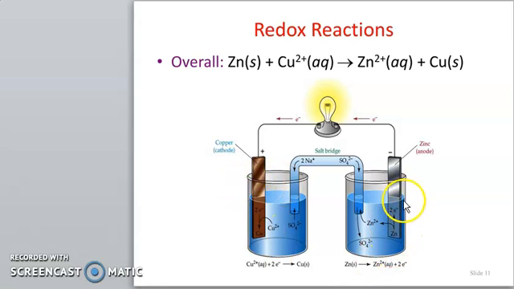Here is the conversion of chemical energy to electrical energy. This is identified by this reaction: copper 2+ aqueous, when it gains 2 electrons, becomes solid copper, and here is the solid zinc, which loses its 2 electrons to become zinc 2+.